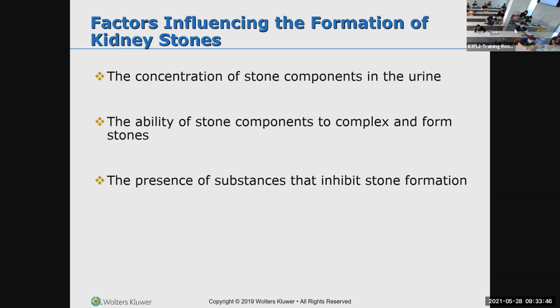Number two, the ability of a stone component to complex and form stones. Number three, the presence of substances that inhibit stone formation goes down, and the chemicals which form stone go high in concentration.